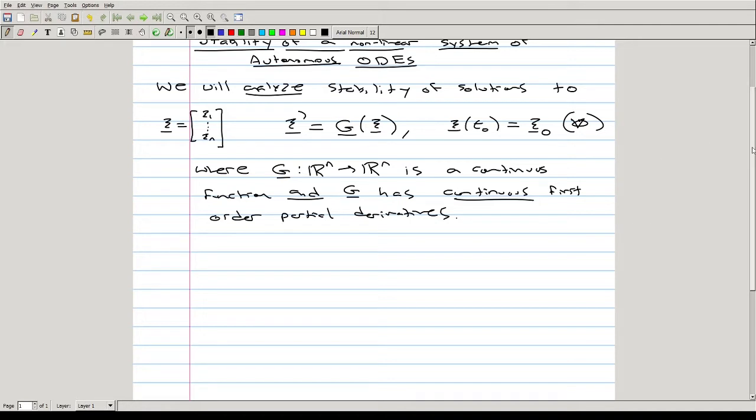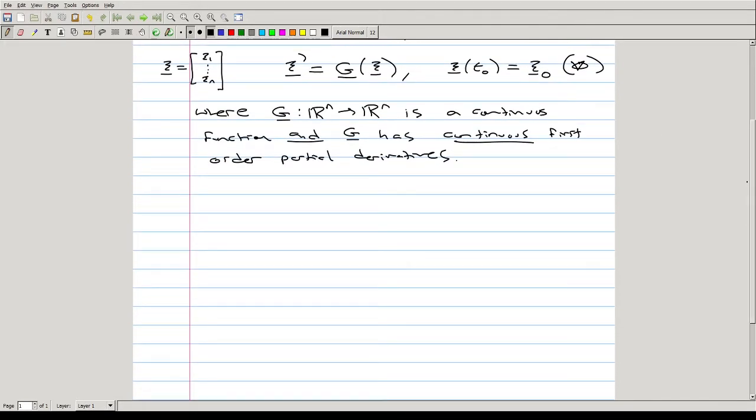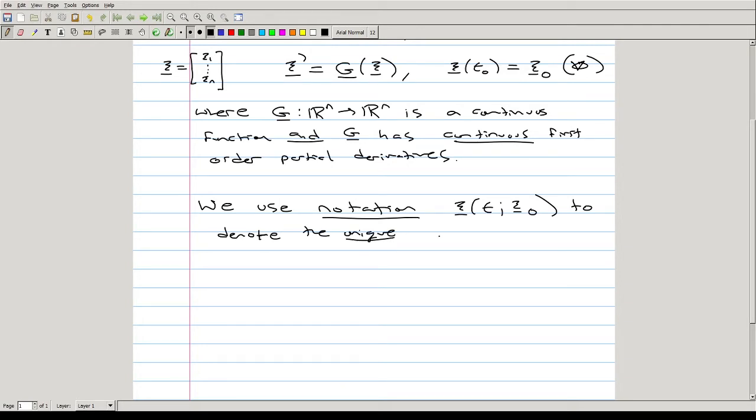And in general, because the solution is going to depend on the initial condition, we'll use the notation xi of t, xi naught to denote the unique solution to star.